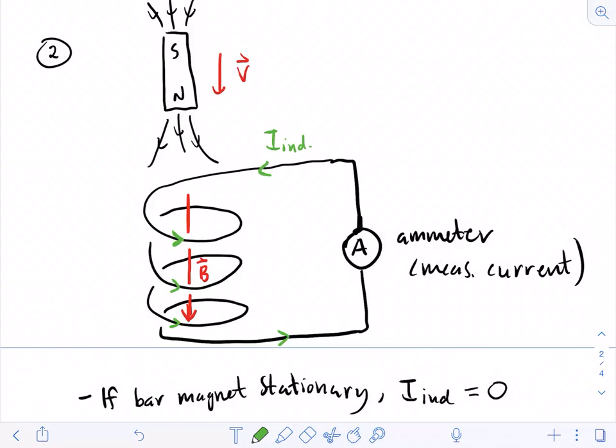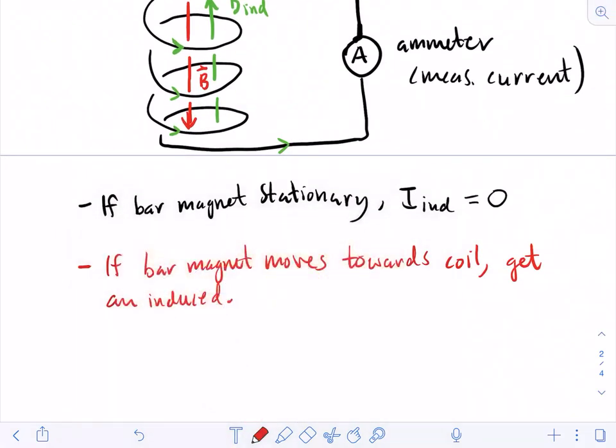And so this is going to be I induced. Now again, if we do the right-hand rule, we curl the fingers of our right hand in the direction of the current as it flows around the coil, so your fingers are pointing to the right of the screen, and your thumb should be pointing up. And so the B induced we get as a result of the current opposes the magnetic field that is increasing in the downwards direction due to the motion of this bar magnet.